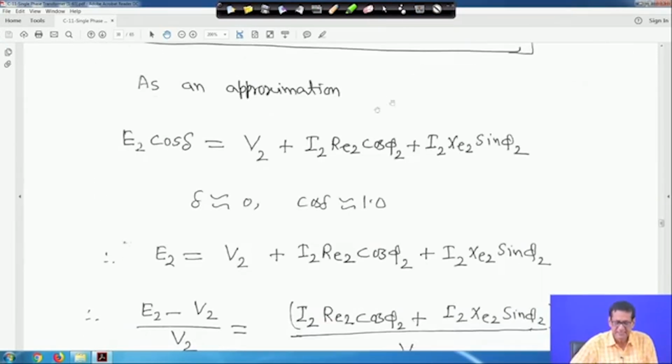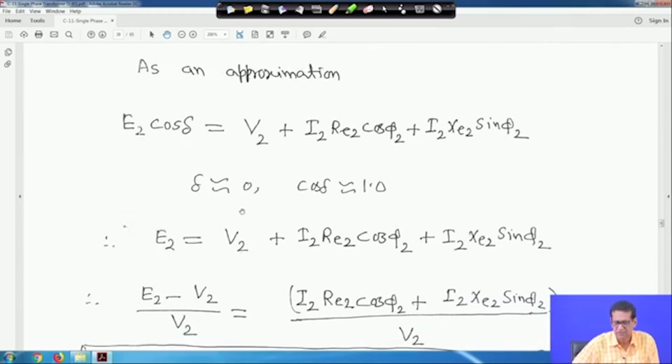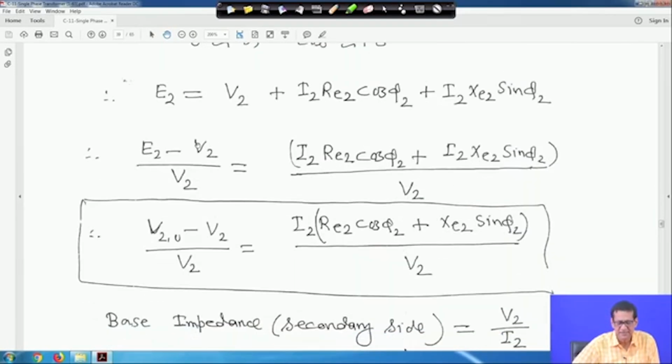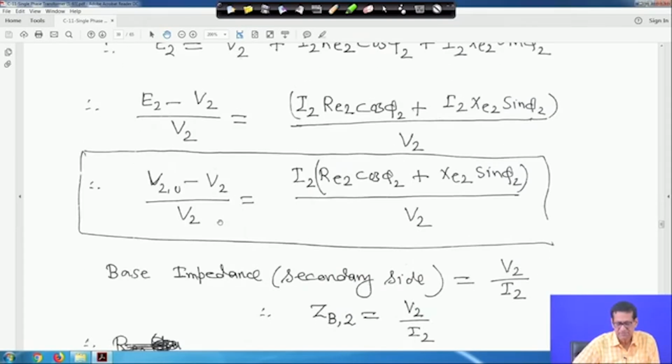Now, assuming delta is very small, almost 0, cos delta is equal to 1, therefore E2 is equal to V2 plus this term. Or you can write (E2 minus V2) upon V2 is equal to I2 common, (Re2 cos phi 2 plus Xe2 sin phi 2) upon V2.